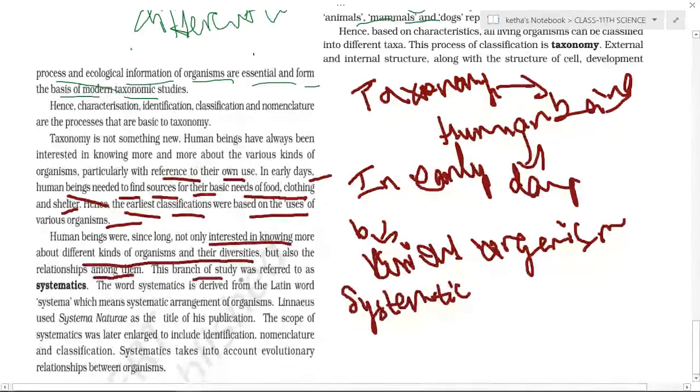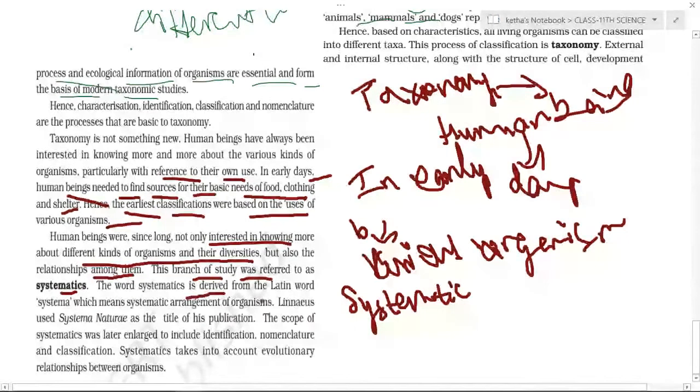This branch of study was referred to as systematics. So human beings are not only interested in knowing the various kinds of organisms; along with that, they want to know about the relationships among them. This branch of study comes under systematics.